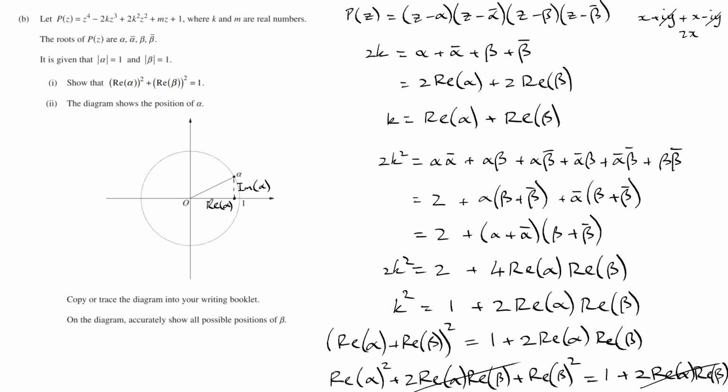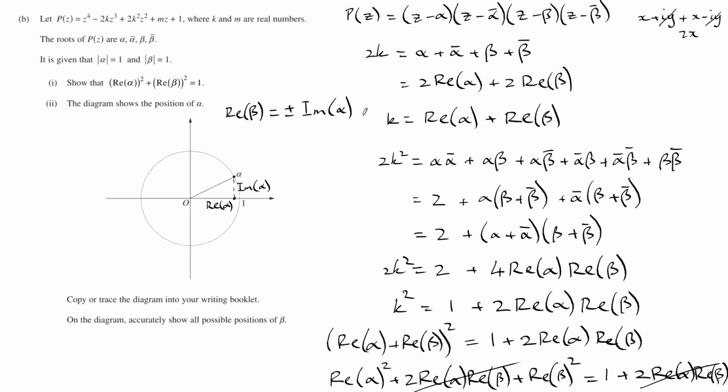And we know that they satisfy Pythagoras' theorem, so real part of alpha squared plus the imaginary part of alpha squared has to equal 1. So if you compare that to this, well, that tells us that the real part of beta will have to be plus or minus the imaginary part of alpha.